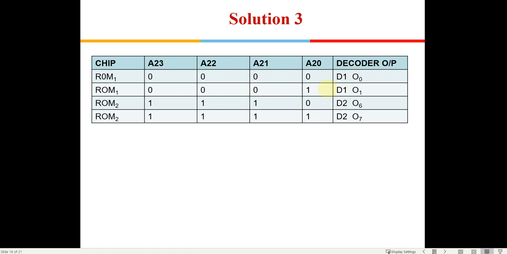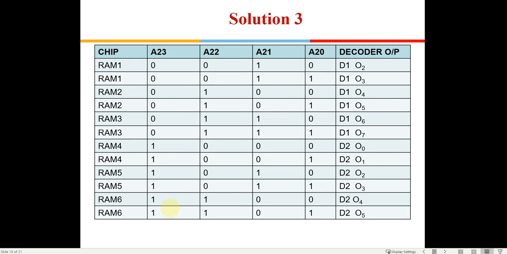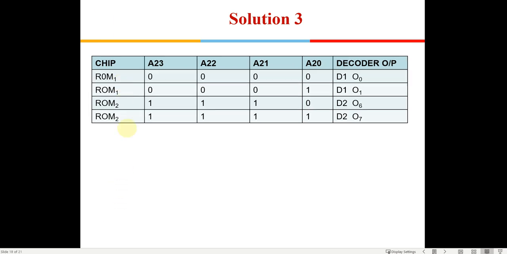Here two different combinations have been taken because you have 4 bits, so a total of 16 combinations are possible, whereas only 8 were required. That's why two combinations have been taken: 6 plus 2, 8.